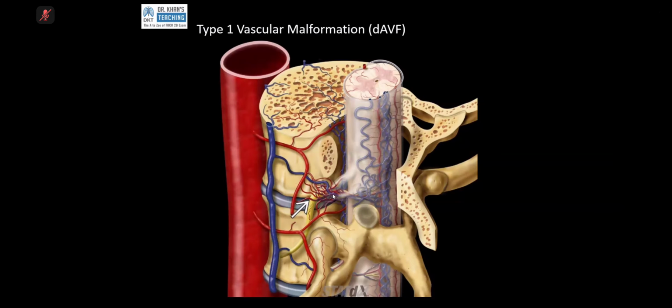And because of the high pressure, there is a back pressure, so there will be distended veins. We call it venous congestion. Whenever there is venous congestion, there will be what? Venous edema. And that is why there will be increase in cord signal. So this kind of myelopathy can occur because of venous congestion. So that is the concept.